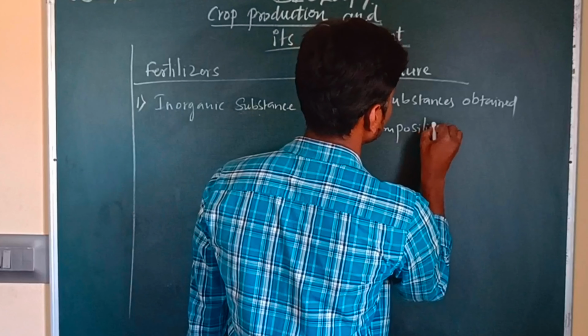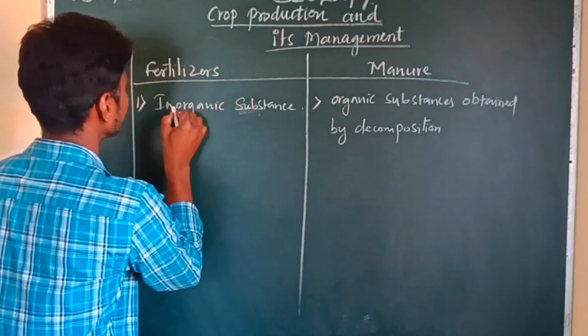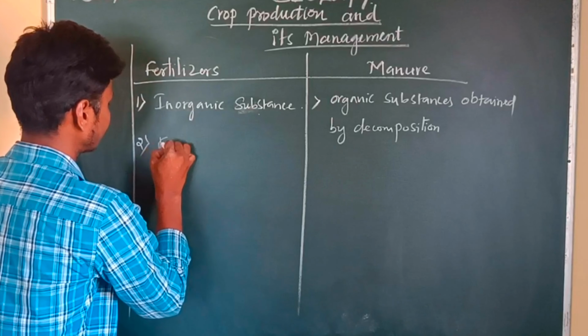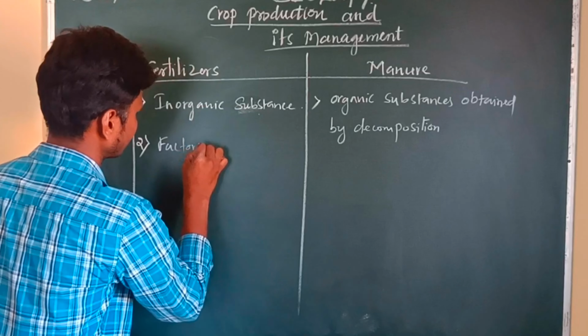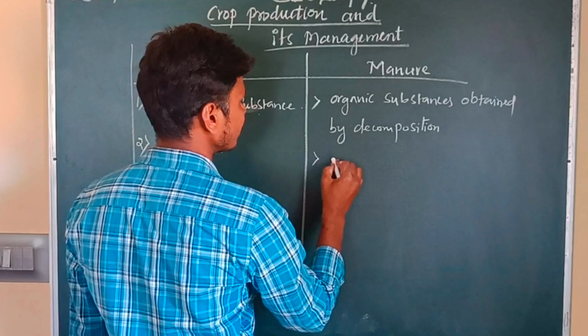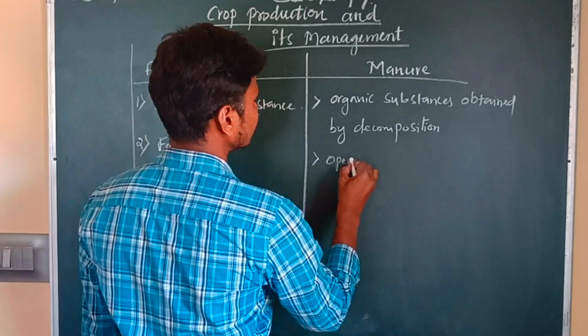Obtained by what? Decomposition. And these fertilizers are prepared in factories. So they are prepared in factories. So these manures are prepared in open field.